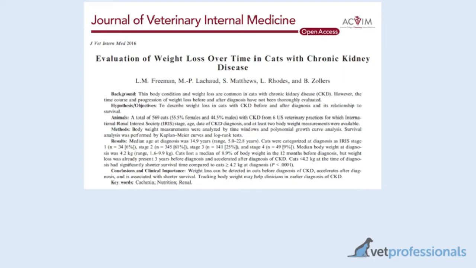The first one was how useful it was looking at body weight in diagnosis of disease. And what the researchers found in this study was that weight loss was very common preceding the diagnosis. But in fact, for many of the cats, actually, if you looked back retrospectively through the records, they had been losing weight for several years.